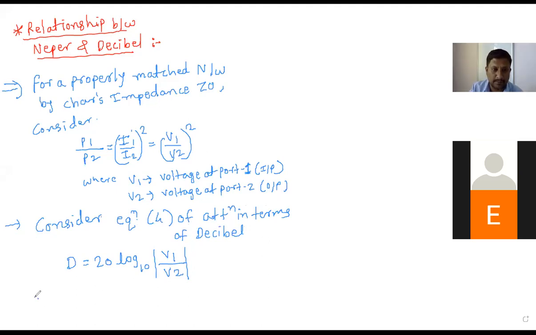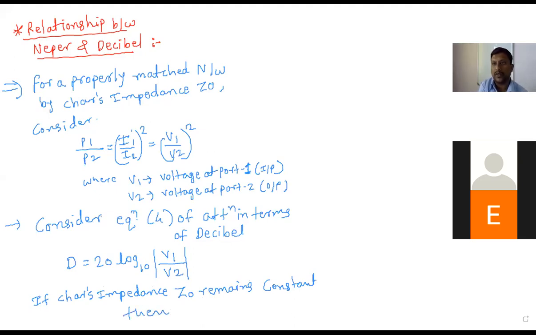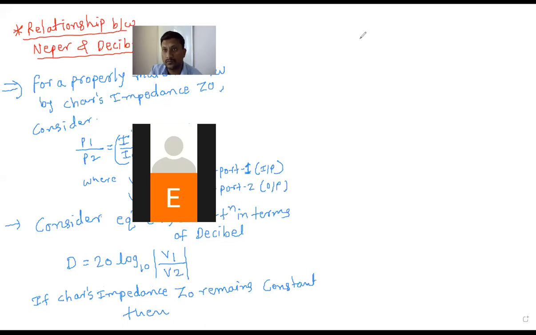Now, if the characteristic impedance Z0 remains constant, then V1 divided by V2 is equal to I1 divided by I2, which is equal to N. Current R is replaced by what?